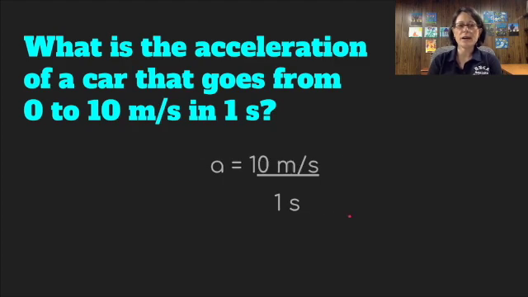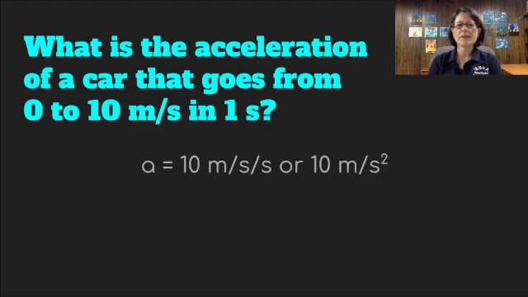When I simplify, I get acceleration equals 10 meters per second over 1 second. When I divide that, I get acceleration equals 10 meters per second per second. Or another way to write that and simplify that, the best way to write it is 10 meters per second squared.